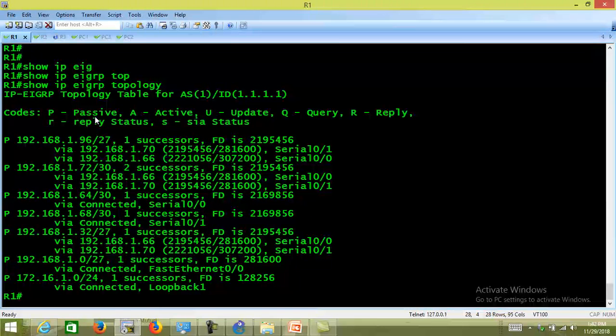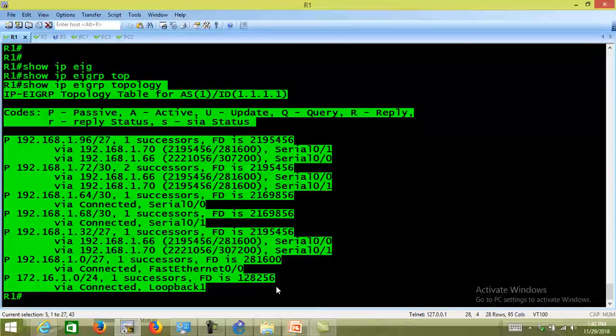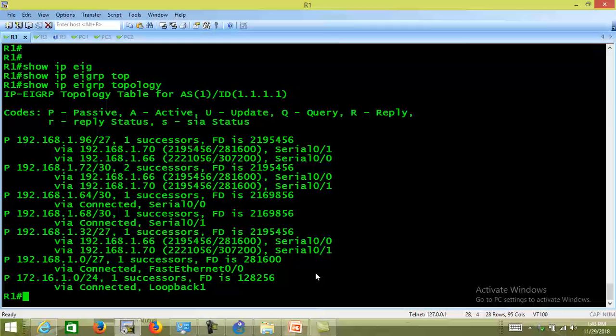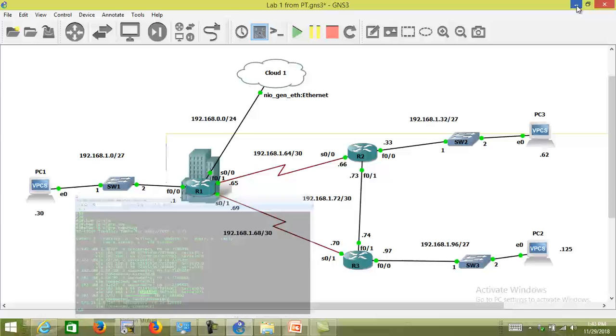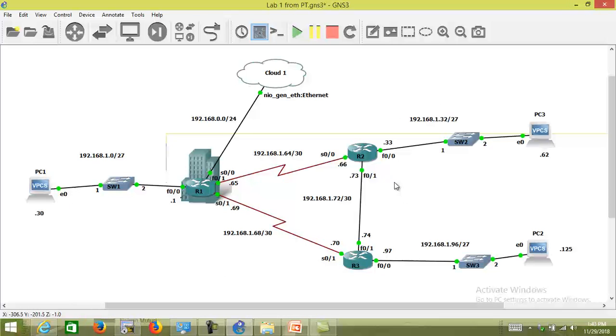In an exam environment you might be given a screenshot of an output like this, and they phrase a question to see whether you know this will be the feasible successor, and the total cost if you go through it. I don't know whether I'm making sense or confusing you.